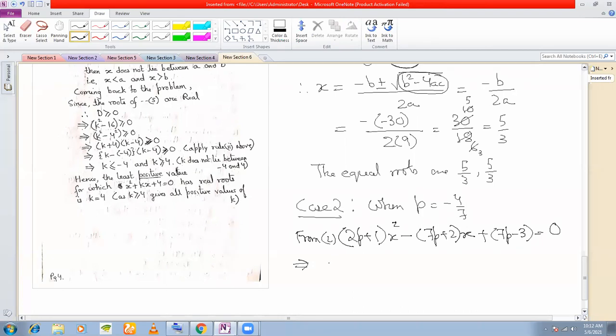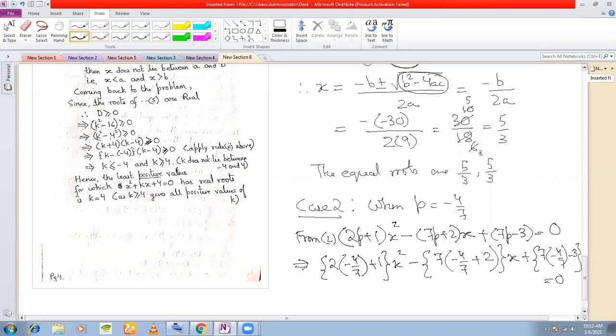Put p equal to minus 4 by 7: twice minus 4 by 7 plus 1 x square, minus 7 times minus 4 by 7 plus 2 x, plus 7 into minus 4 by 7 minus 3, equal to 0.